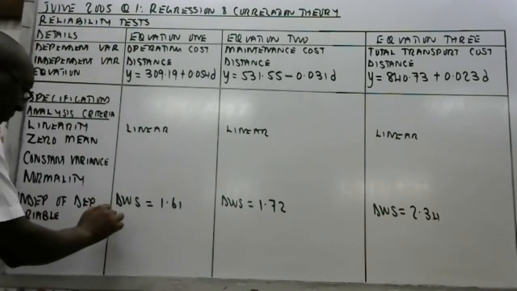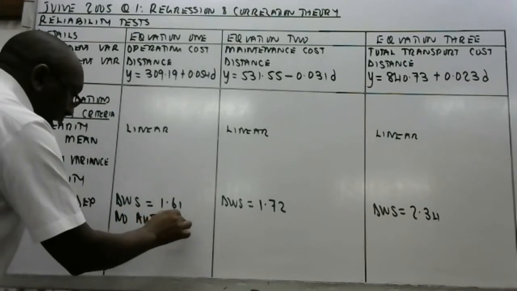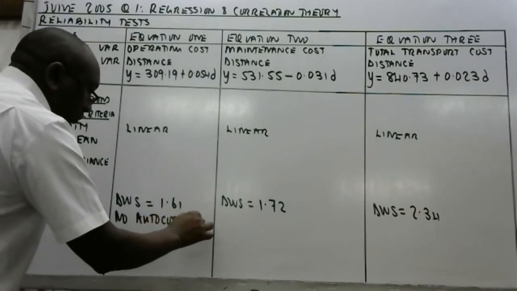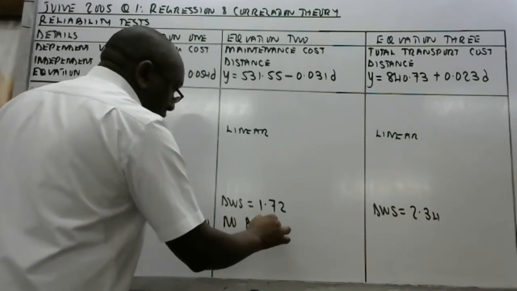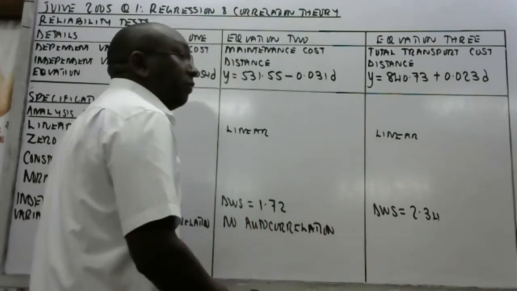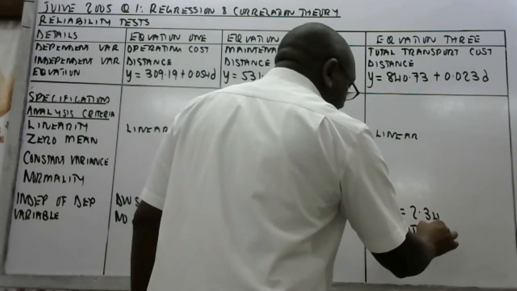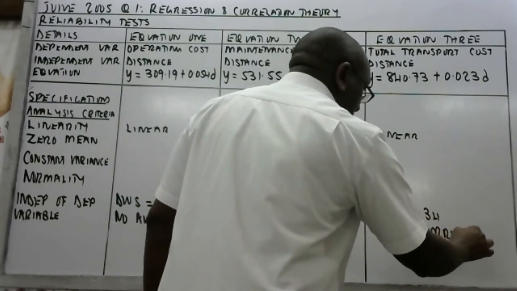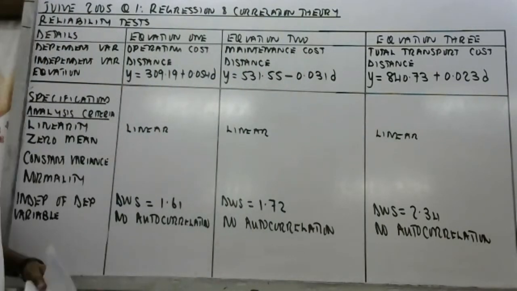So now here you will say no autocorrelation. Here, no autocorrelation, because we are still between 0 and 4. And here, no autocorrelation.